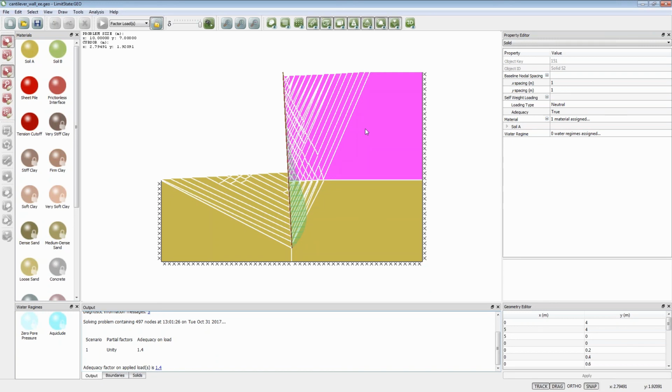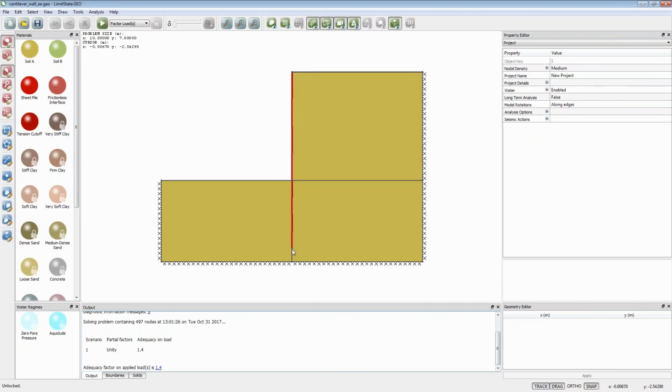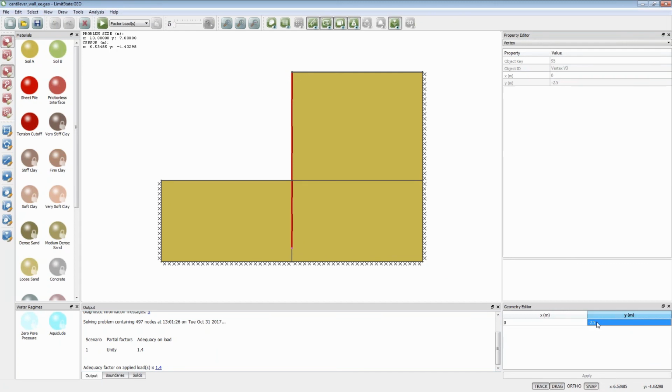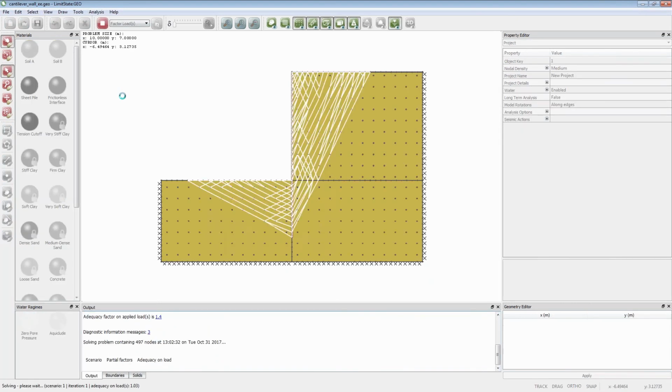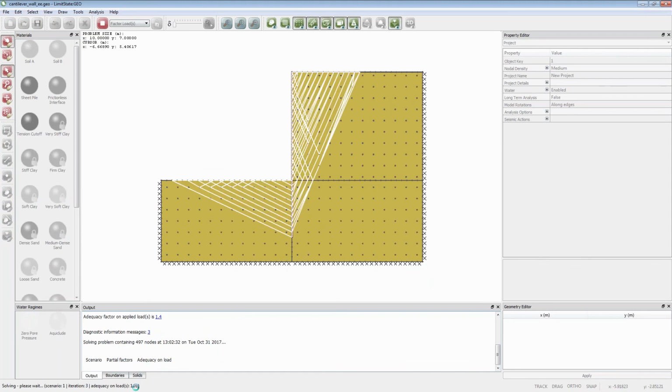So that's in that particular scenario, which is not the actual scenario, because this weight would not have been increased. If you want the actual bending moment, we really need to design the wall to be at its optimum length. And I just happen to know that that's around about 2.1 on this value. So if I shorten the wall, because at the moment our adequacy factor is bigger than 1, the wall is too long, and then rerun the analysis, I get an adequacy factor very close to 1.